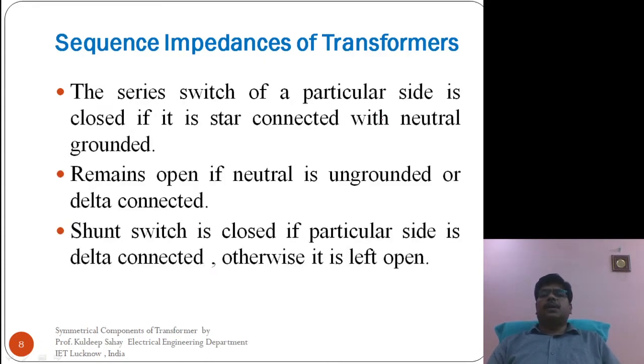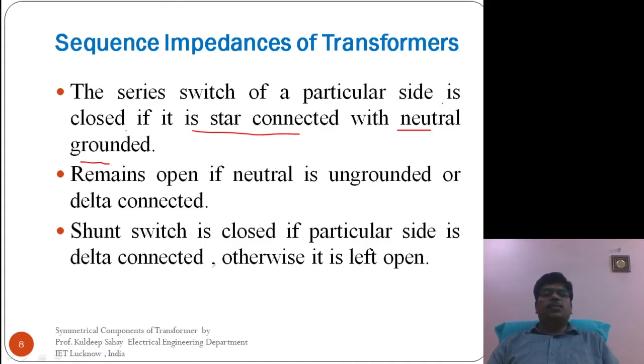A series switch of a particular side is closed if it is star connected with neutral grounded. So any series switch will be closed if the transformer terminals are star connected and its neutral is grounded.